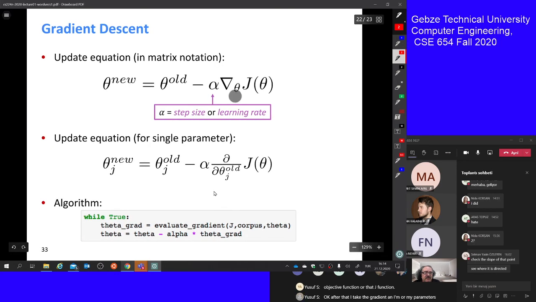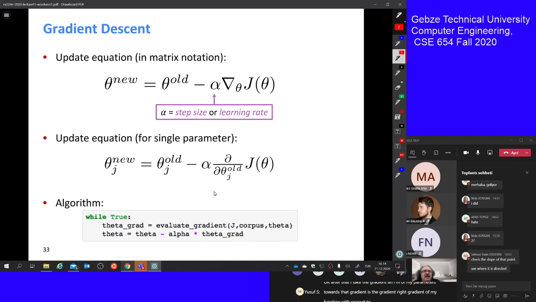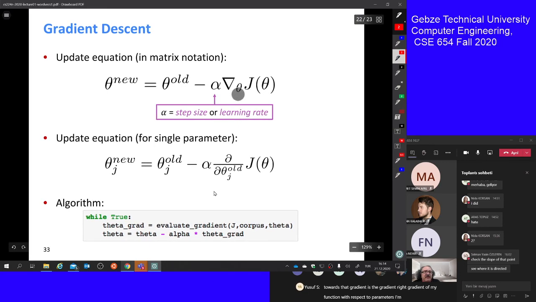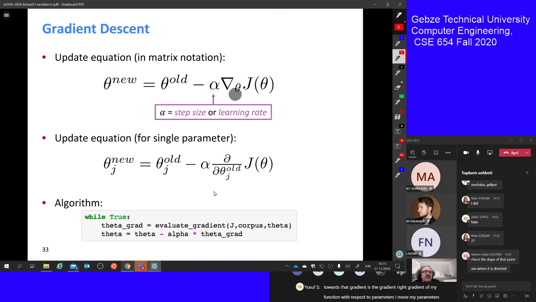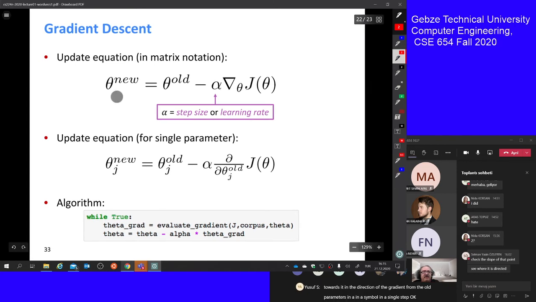This is the gradient, right? The gradient of my function with respect to the parameters. I move my parameters in the direction of the gradient from the old parameters in a single step. Okay, I get my new parameters now.